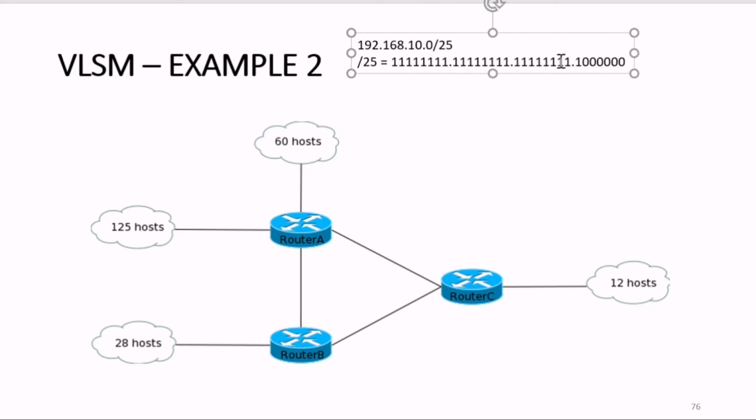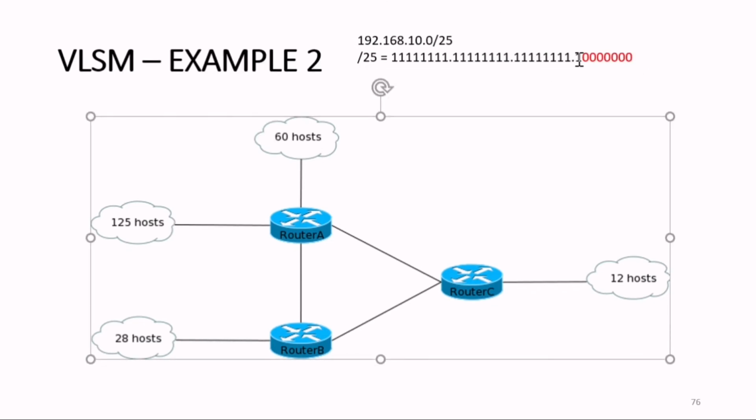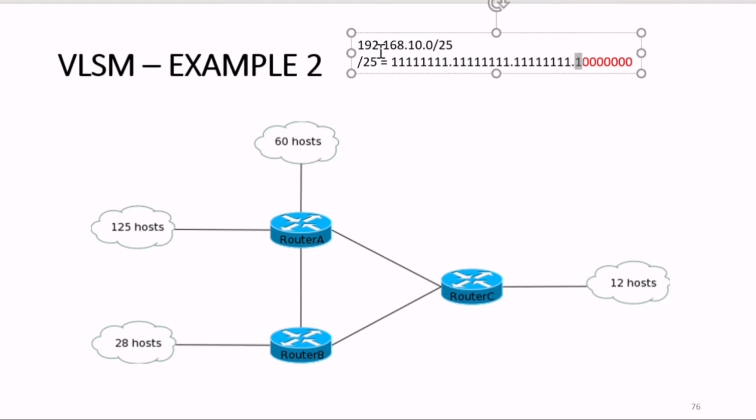The last 7 digits are the host. So this is the host, put it in red color, and we know that this is a C class, and this 1 bit here is the subnet.